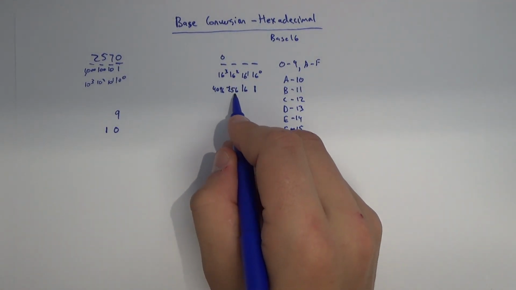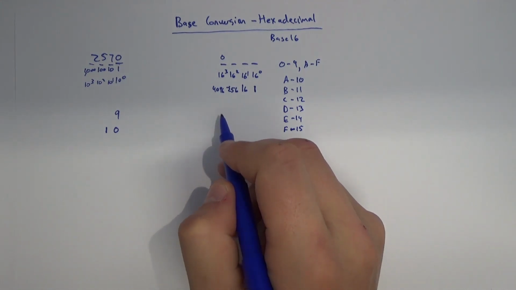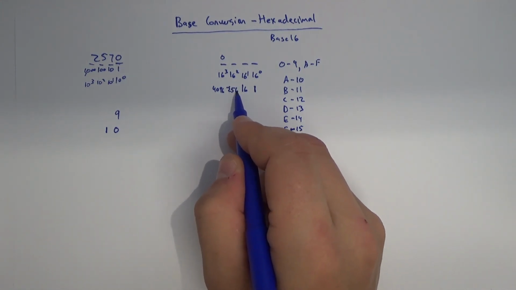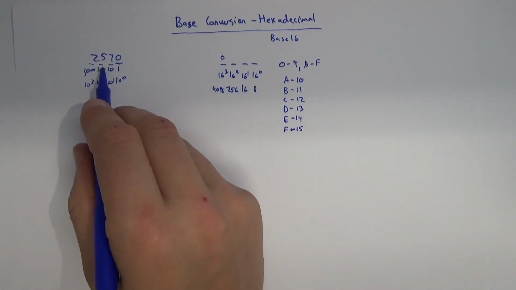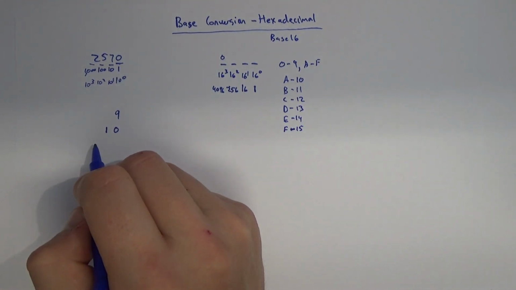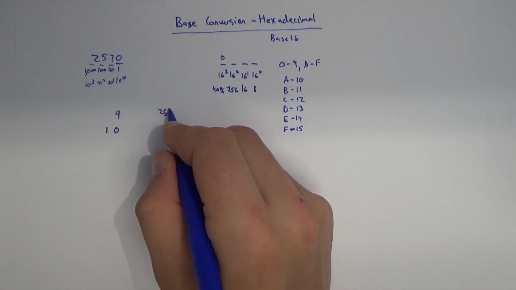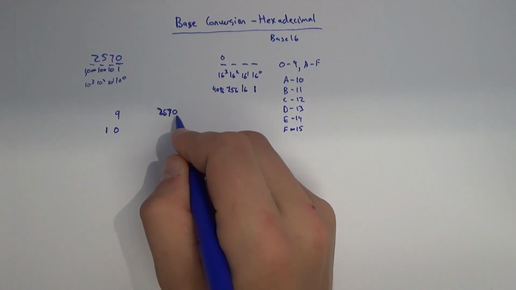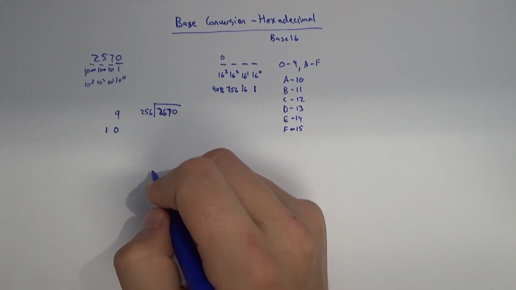But I do have 256s. Okay? Now, I don't just have one, and in binary I would have just put a 1 here and moved on. In hexadecimal, I have more than one 256. So the question is, how many 256s do I have in 2570? Okay? So in order to do that, I'm going to go ahead and divide 2570 by 256.